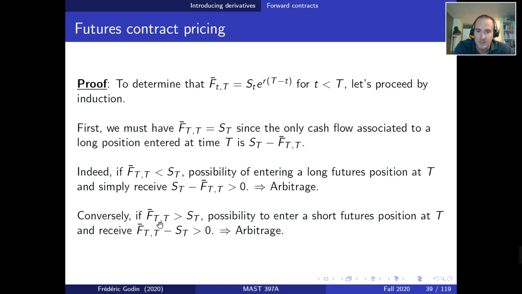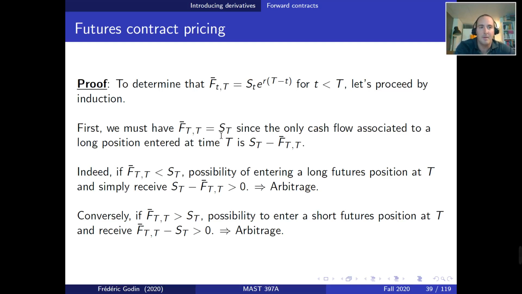In that case, this would be a positive inflow of money, so this again would be some arbitrage. So at time T, the only value which makes sense for the futures price F̄_T is the value of the underlying asset itself. So this works for small t being equal to capital T, the maturity date.